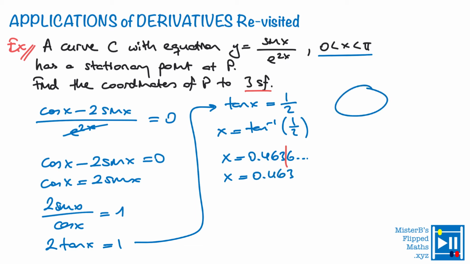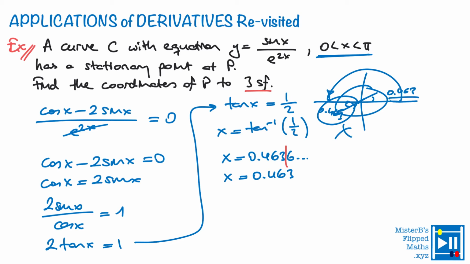Now, my angle is here and here, so 0.463, 0.463 here. Just because it is from 0 to pi, only this bit, I cannot include this as an answer, so I will exclude that. I'm going to use this only.